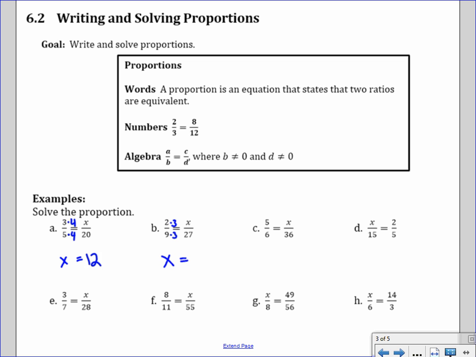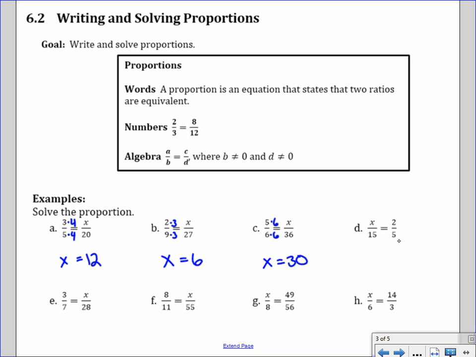So x is equal to 6. C, 6 times 6 is 36. So 5 times 6 is equal to x. And that means that x is equal to 30.